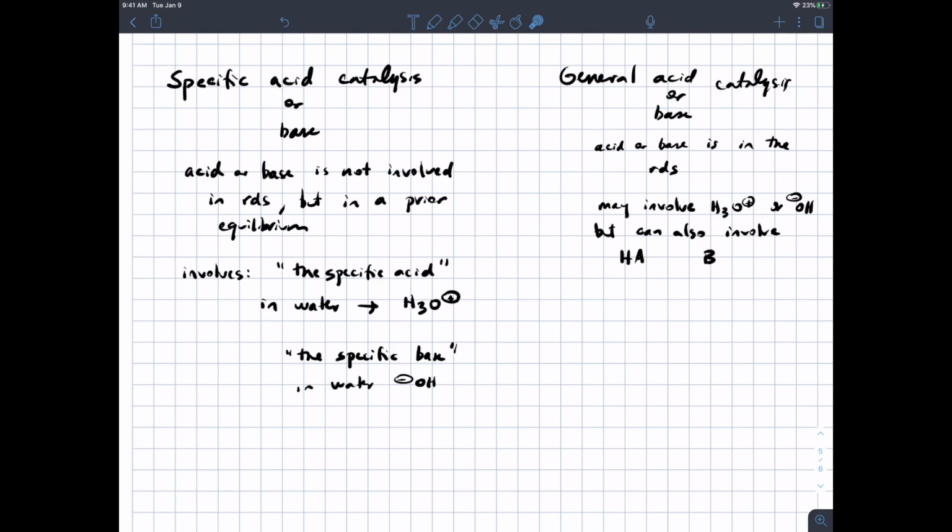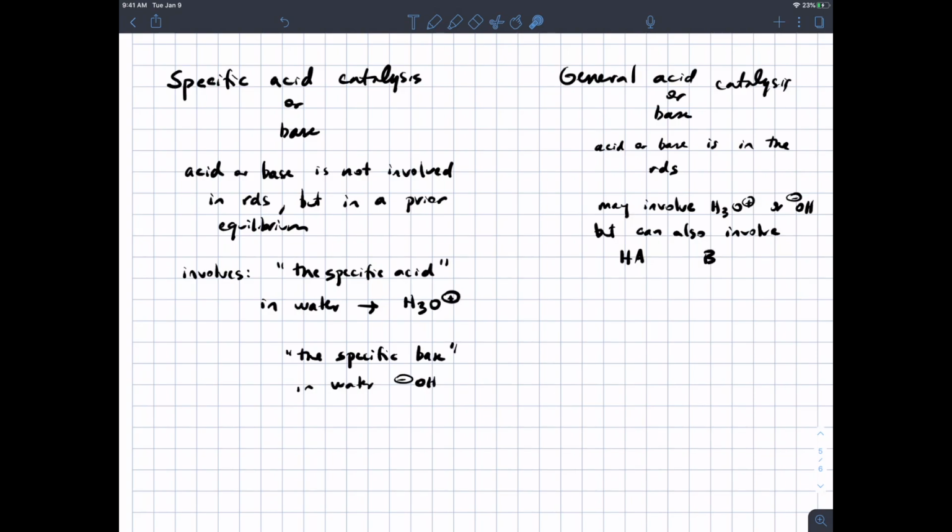And that has some very specific mathematical consequences that determine how reaction rates depend on pH. And we're going to learn about that. Any questions so far? The part that's most confusing is sometimes the specific acid, hydronium, can act as a general acid in a general acid catalyzed mechanism.